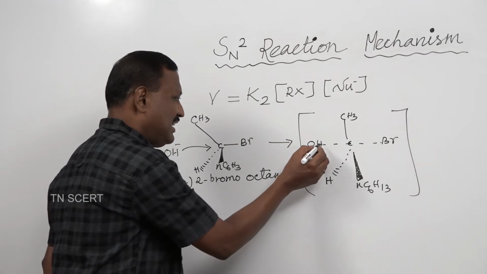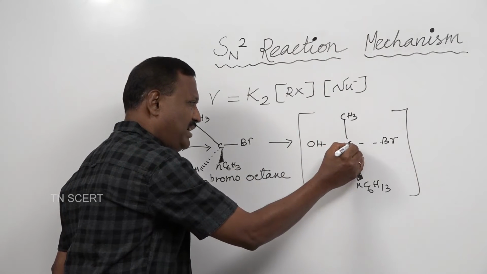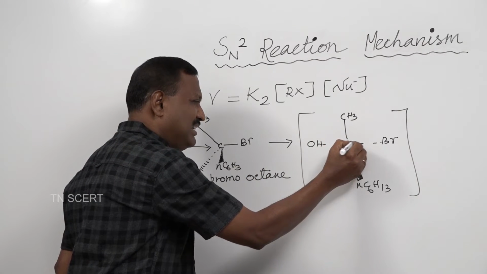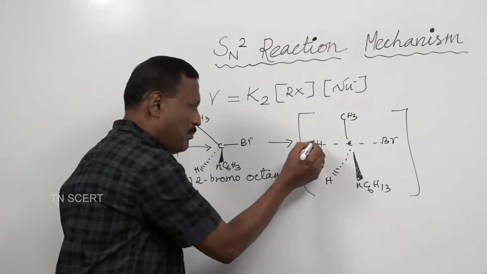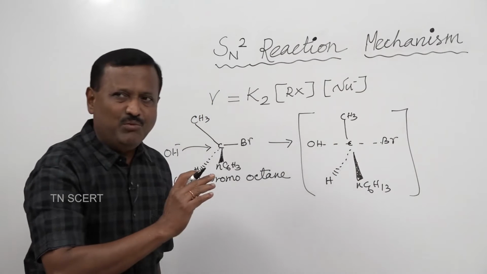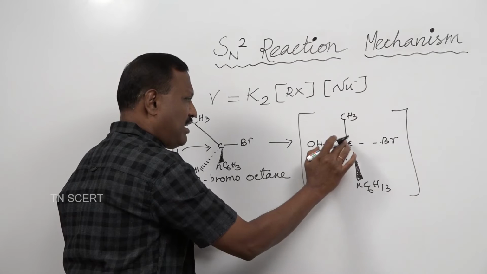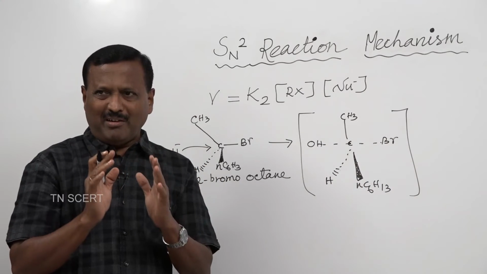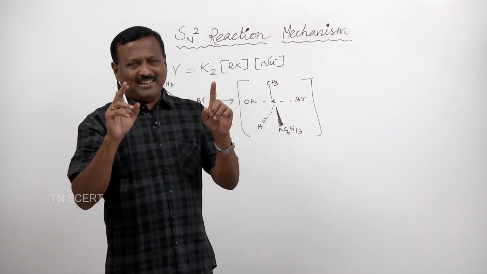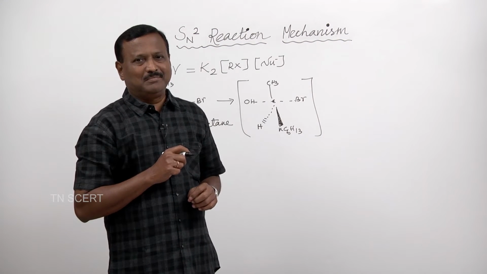Why? Because the hydroxy group makes partial bonding with this carbon, and a partial bond is cleaved between C and Br. This partial bond is formation, this partial bond is cleavage. So, totally OH carbon and carbon Br partial bonding is formed. So, the net structure, this intermediate structure, is an unstable structure.